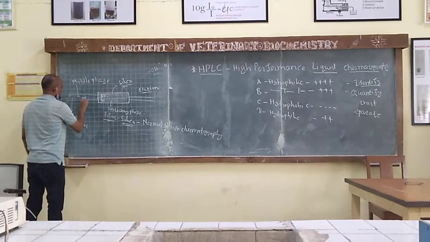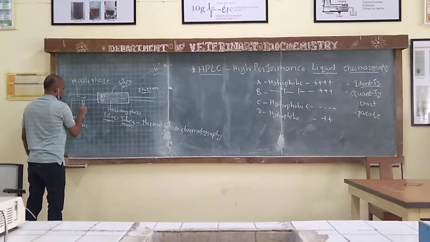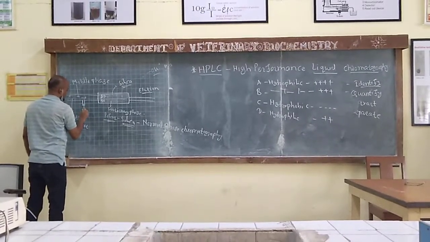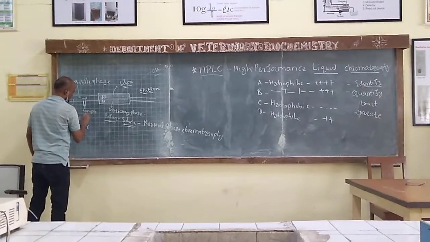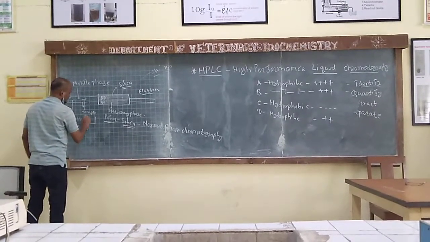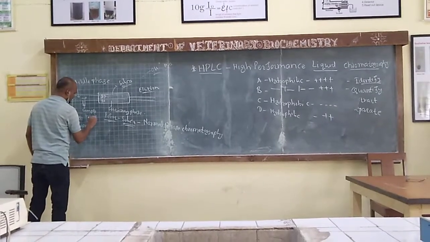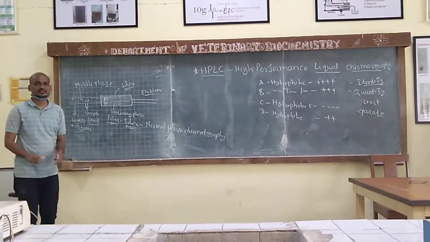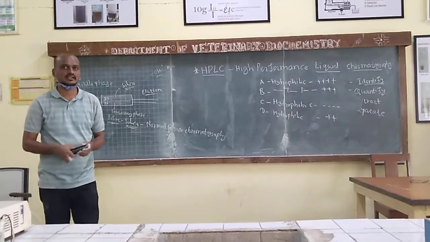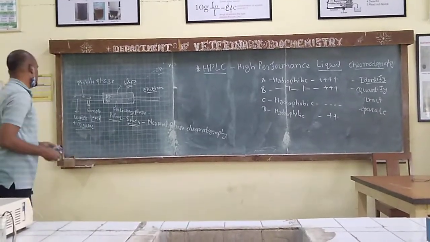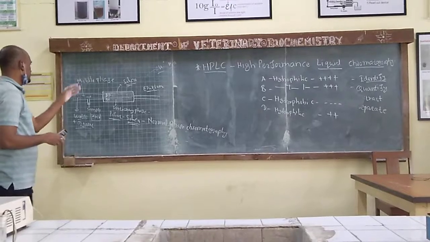Now here we are injecting the sample. Sample injection is there, for example. This sample contains 10,000 molecules; right now we have taken specifically ABCD.